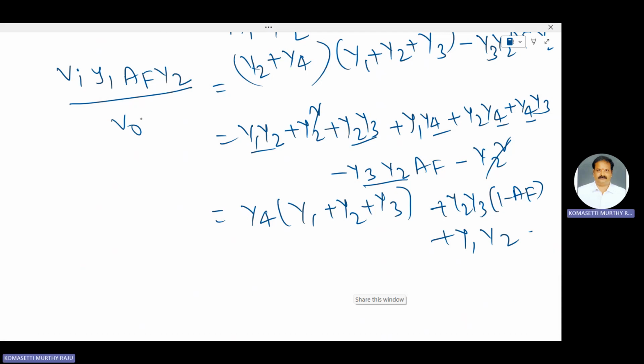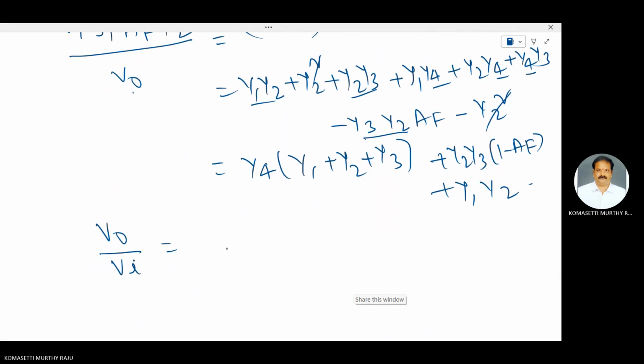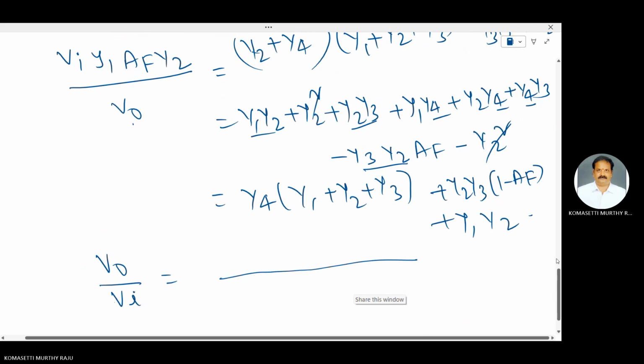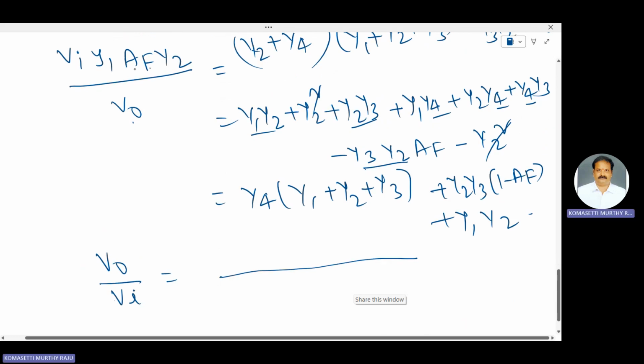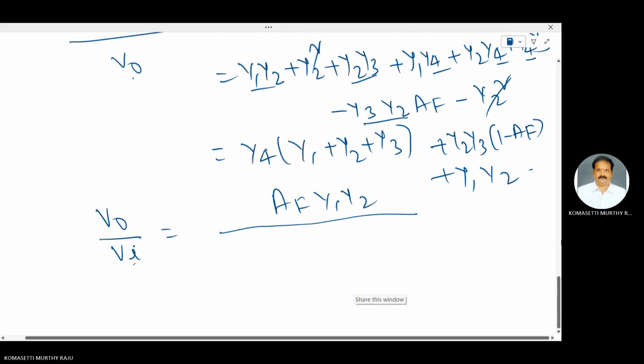Finally, we need the ratio V0 by Vi, which is the reverse here. This one is AF y1 y2, Vi into AF y1 y2. Here V0 into this one.